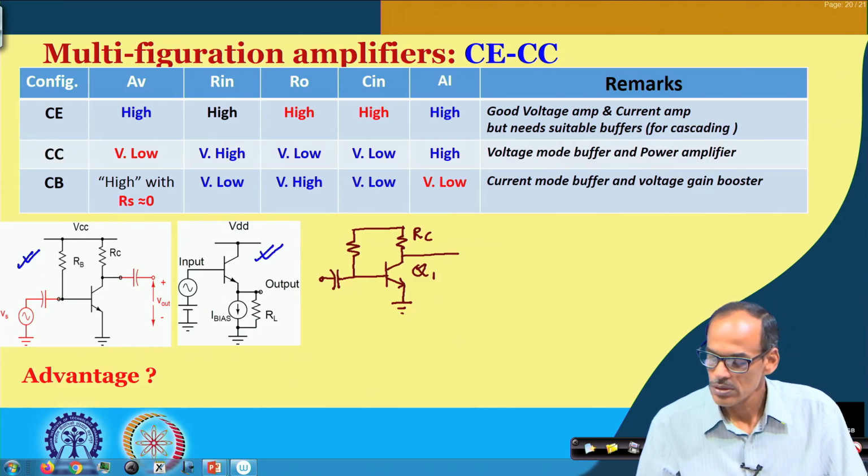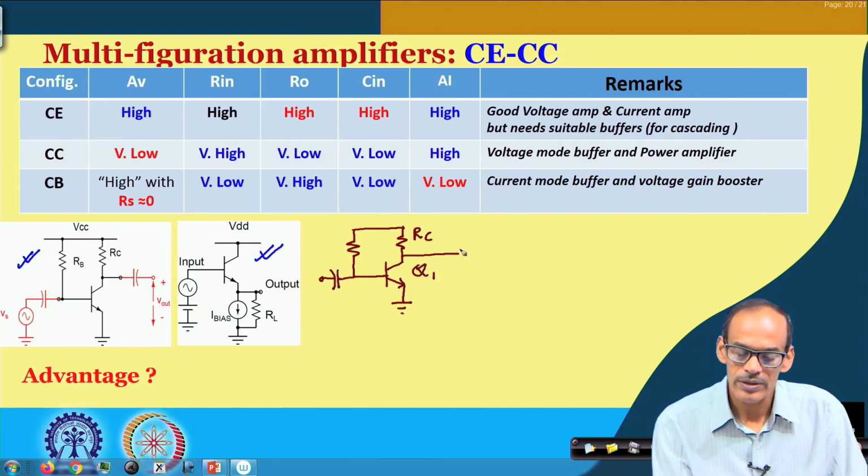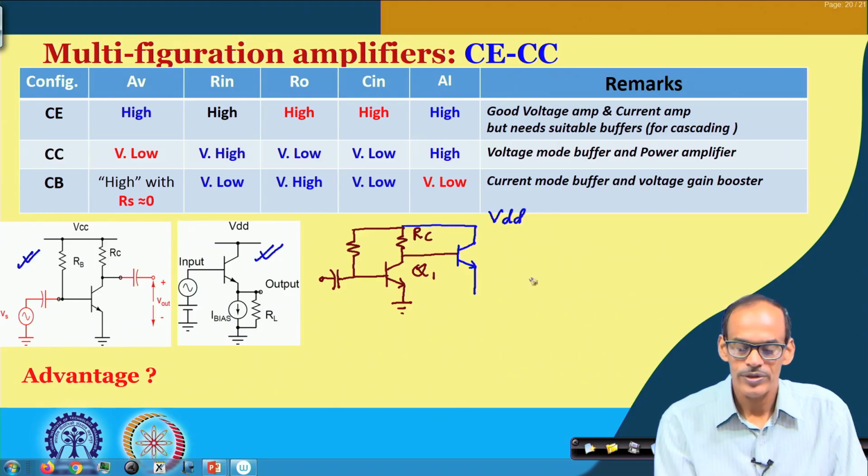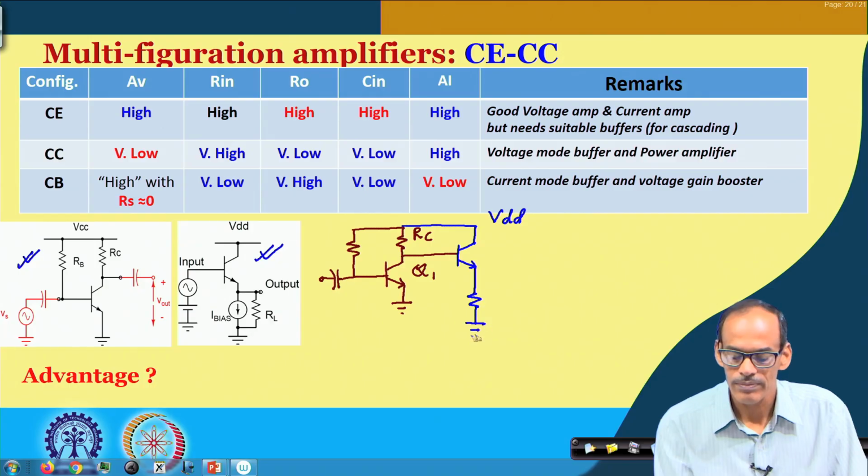Let me use a different color here. Yeah, so we have the CC stage and the collector is connected to the supply, and then we may have the corresponding bias circuit or the load resistance here. So, this is the primary output port.